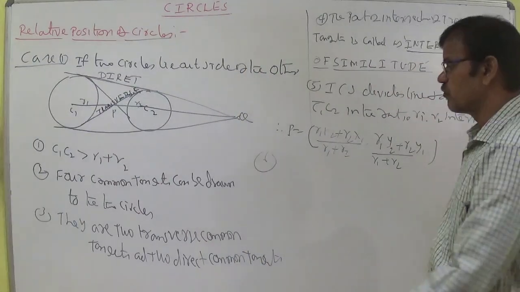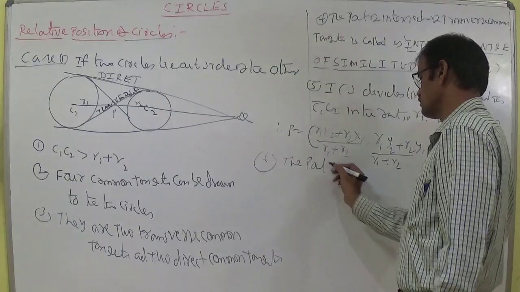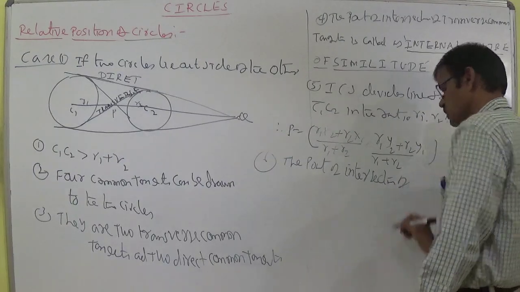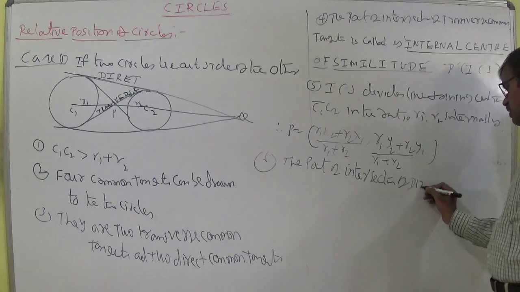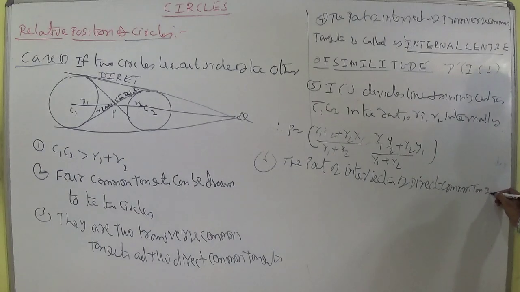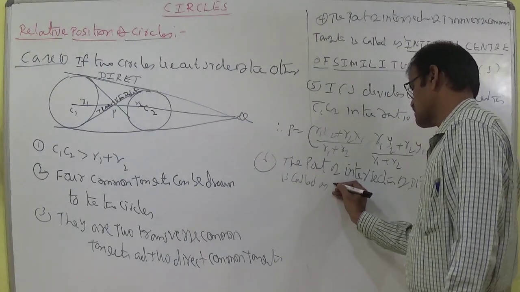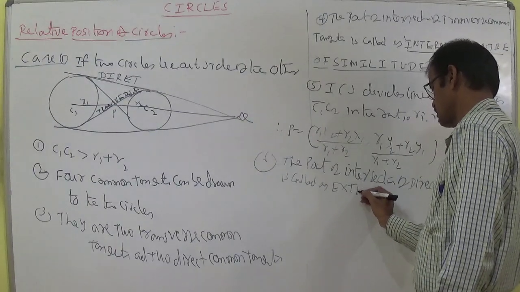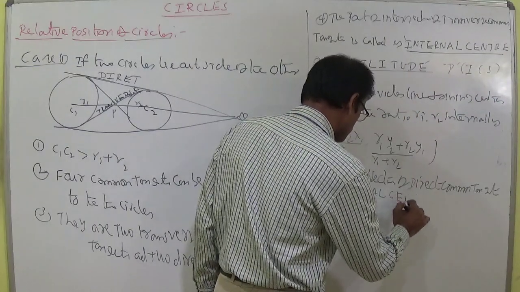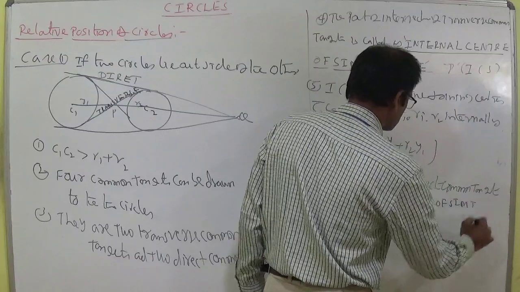Next, the sixth point. Regarding the theory, if you know theory, you can do sums. The point of intersection of direct common tangents is called as external center of similitude, because it is outside.